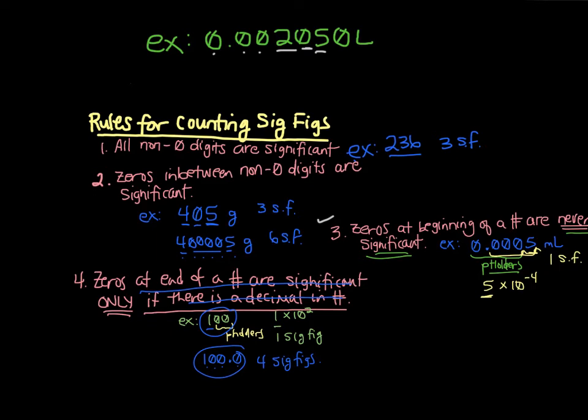And hopefully you remember, and I'll make sure it's very clear, there is a decimal right there. And so that makes this 0 a significant digit, because it comes after a decimal somewhere in the number. So that gives 4 sig figs for this particular measurement.